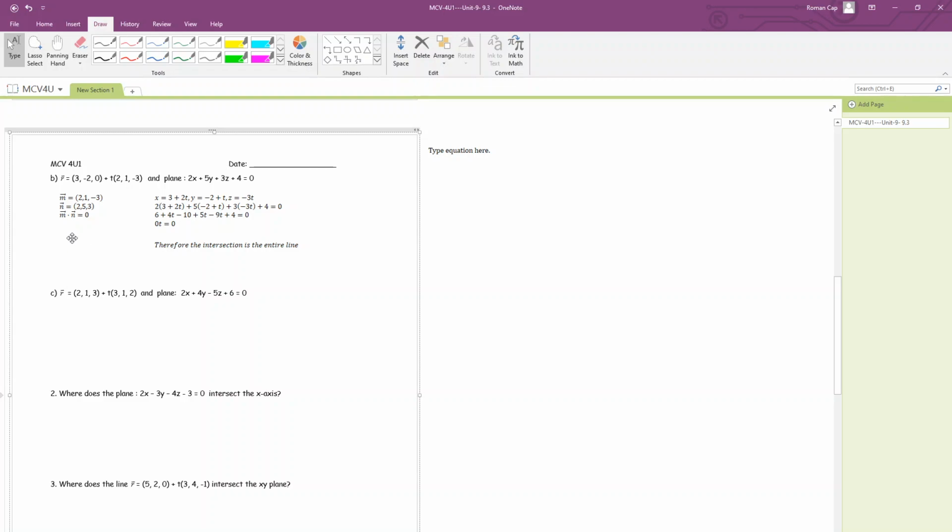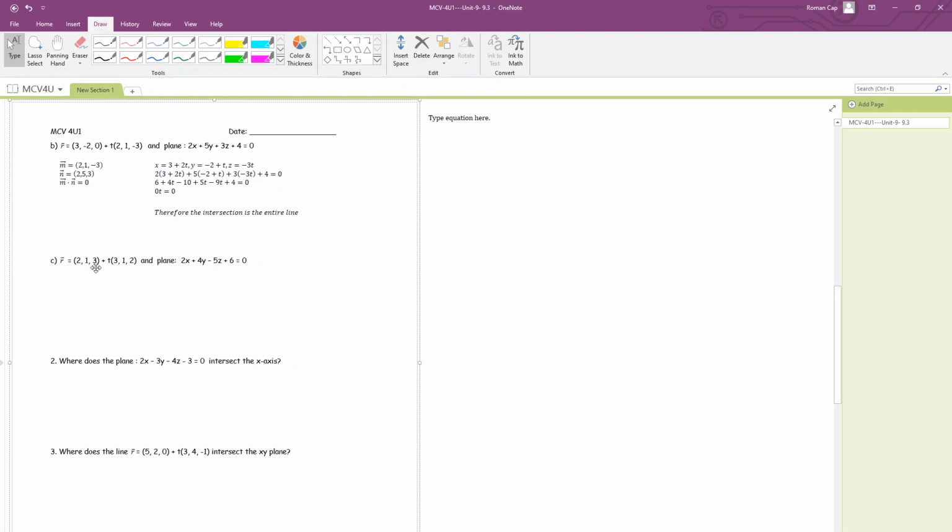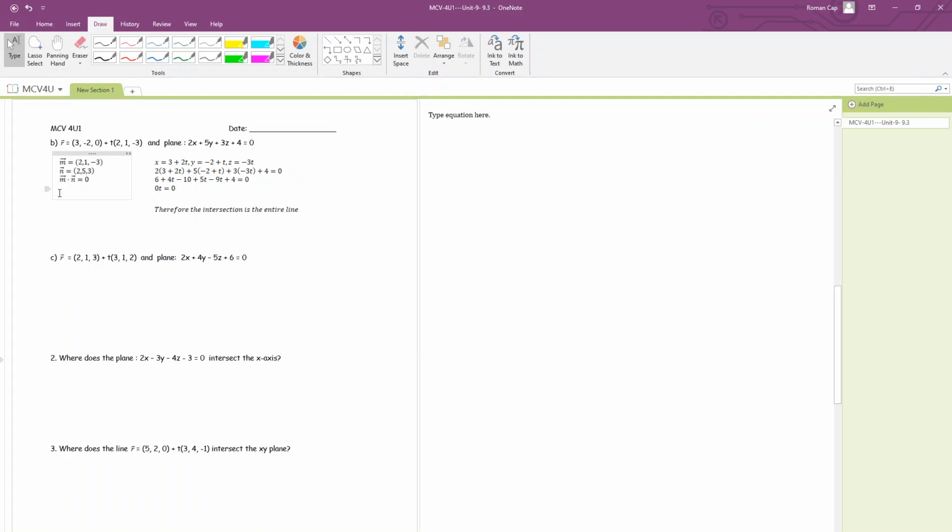You can actually plug the point (3, -2, 0) into the plane, and you'll see that it'll actually be 0. So let's actually do that. So we'll get 2 multiplied by 3 + 5 multiplied by -2 + 0 + 4.